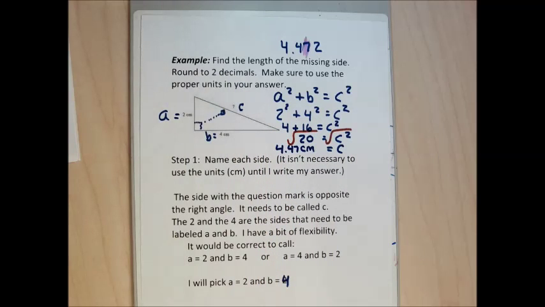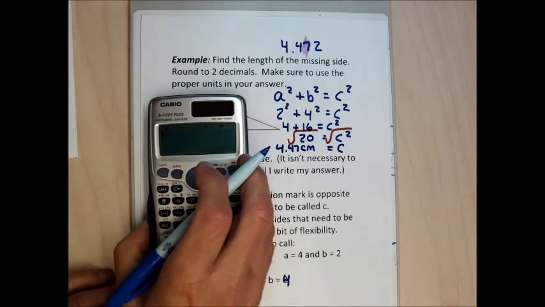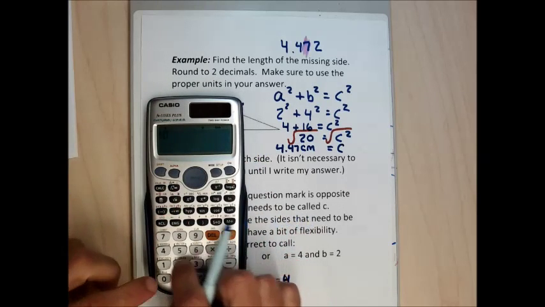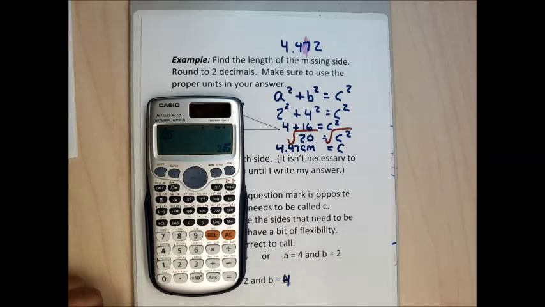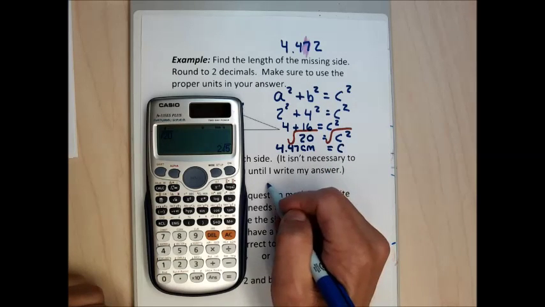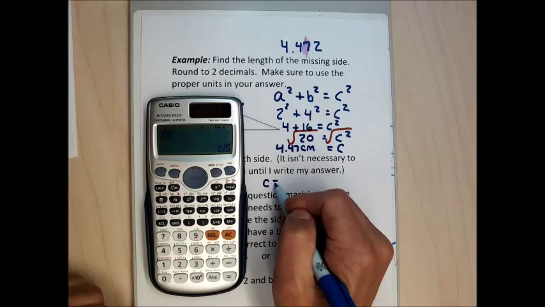It didn't ask for it, but if you just instinctively reduce that square root, and if you wrote, instead of 4.47 centimeters, 2 square root of 5 centimeters, I'm completely fine with you reducing a radical. So for the answer to this, the missing side, I'm going to call it c.